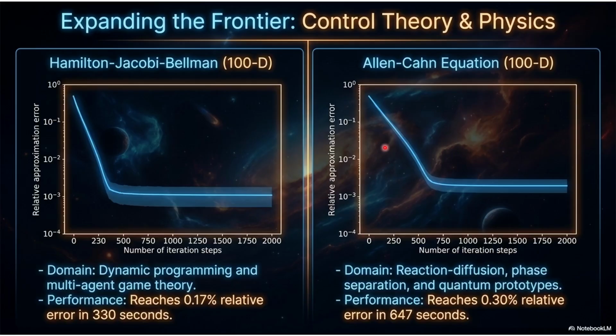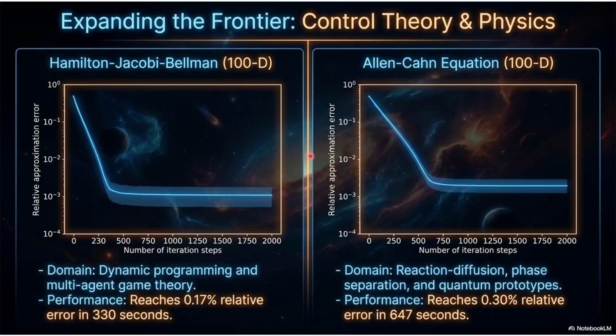This same approach is dramatically expanding the frontier in control theory and physics as well. When applied to the 100-dimensional Hamilton-Jacobi-Bellman equation for dynamic programming and multi-agent game theory, the model reached 0.17% relative error in just 330 seconds.